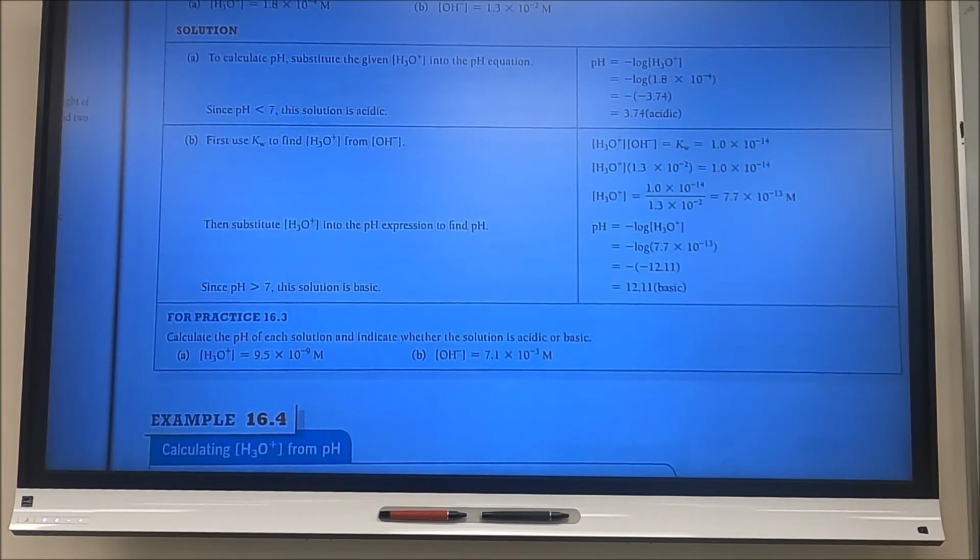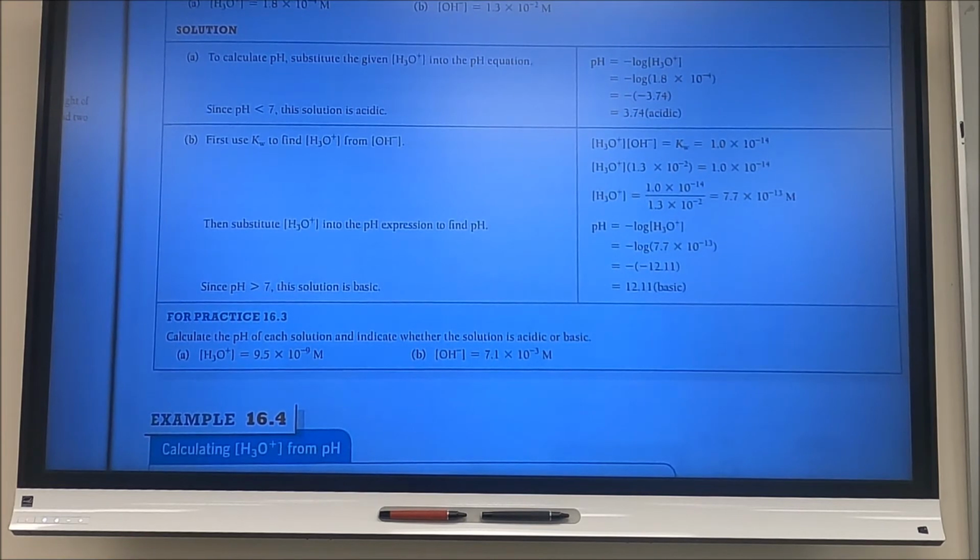So I'm going to write both of those concentrations down. In part A, the concentration of hydronium ions is given to us as 9.5 times 10 to the minus 9. In part B, we're given a hydroxide ion concentration of 7.1 times 10 to the minus 3.